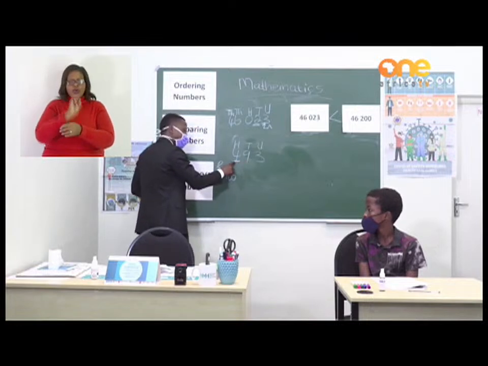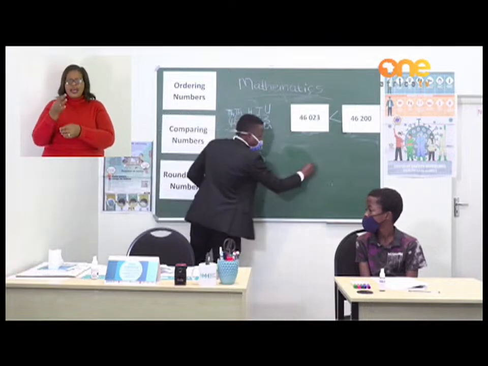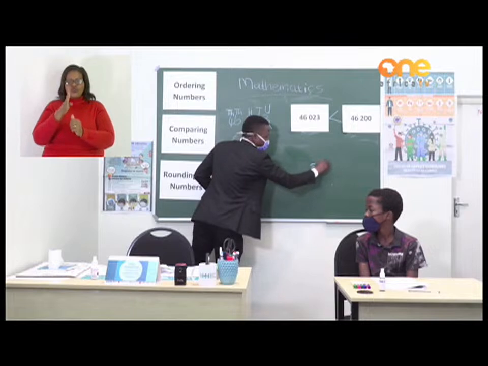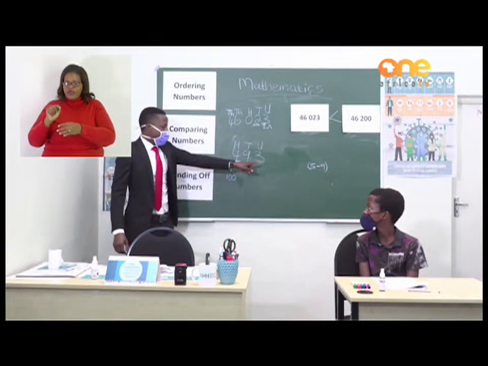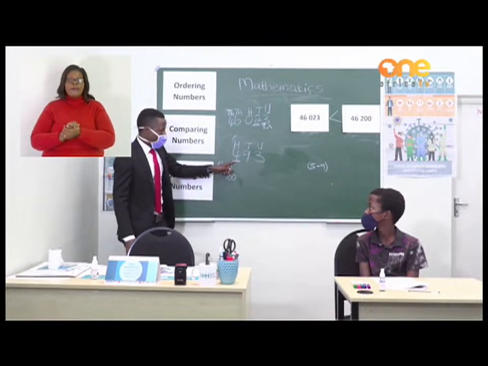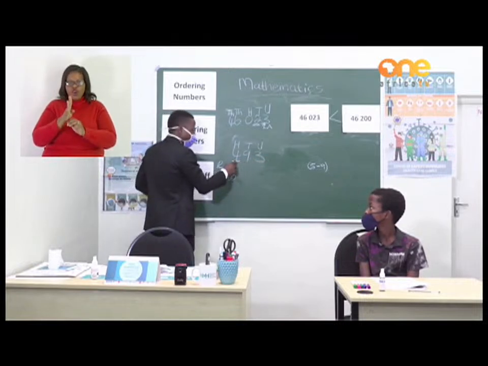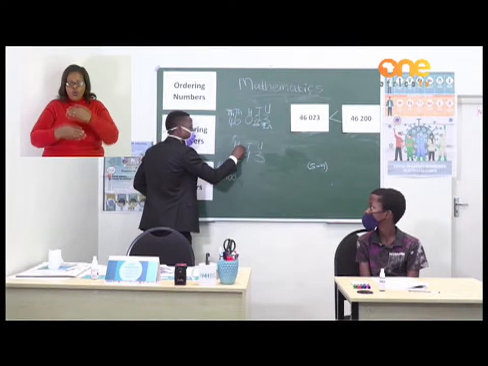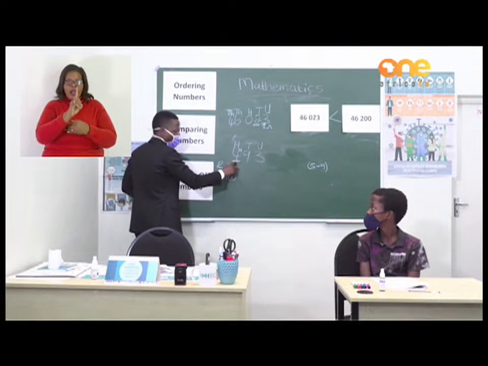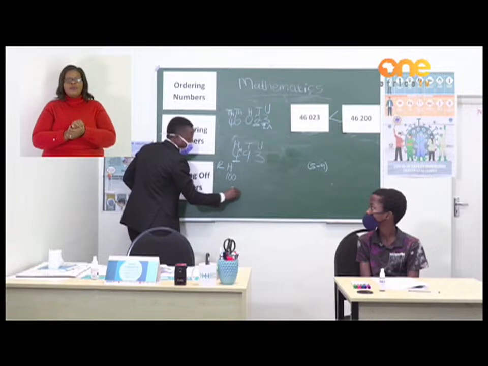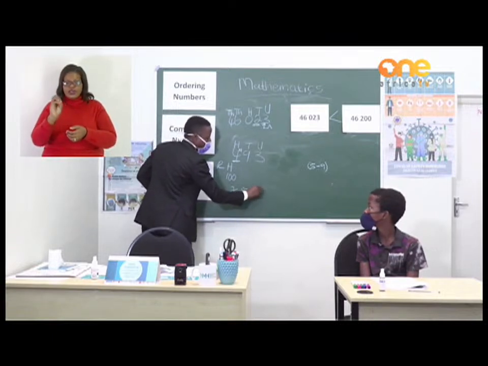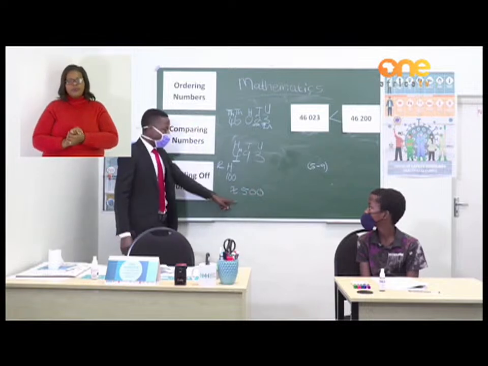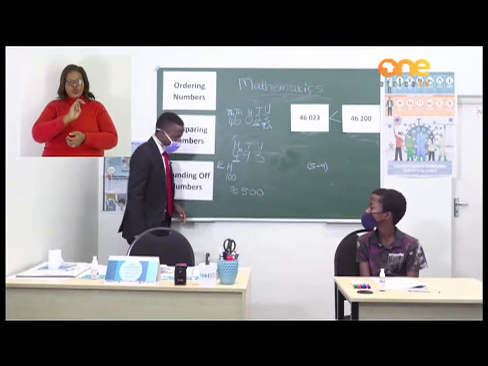Yes, 9 can change 4 because 9 is in this category. If 9 is in that category, it will change 4, and by changing 4, we are adding 1 to 4. And our answer will become 500. And that will be your final answer.